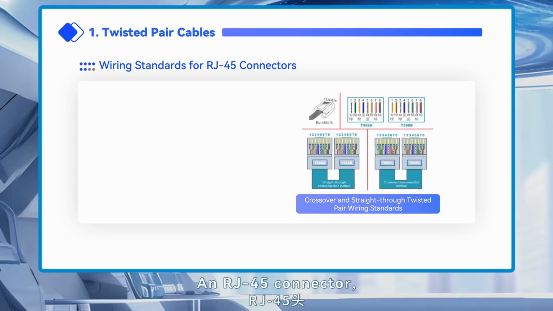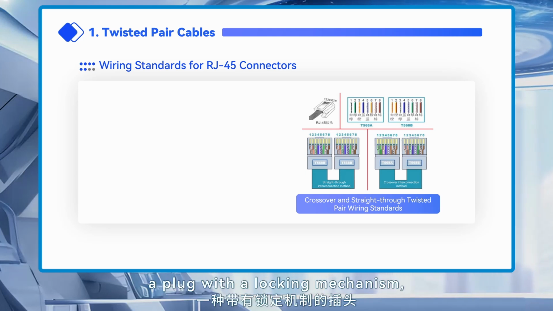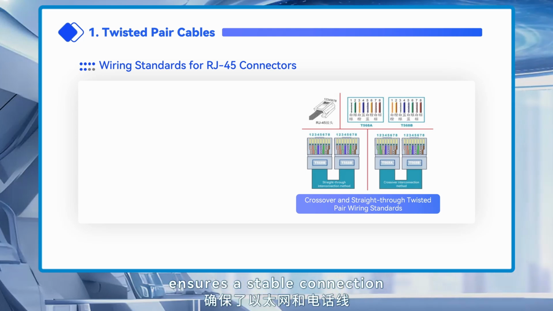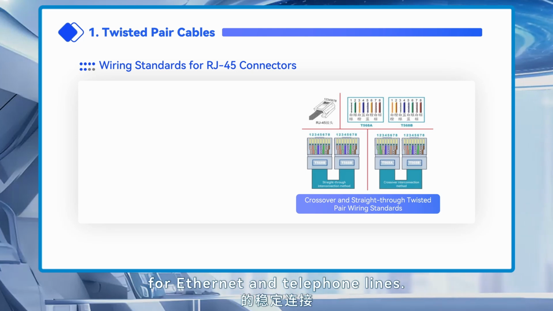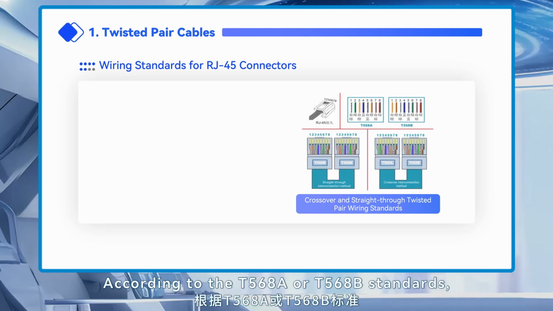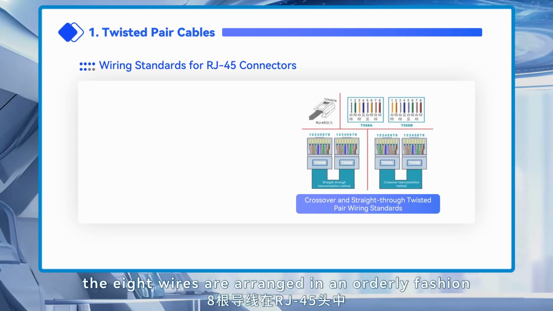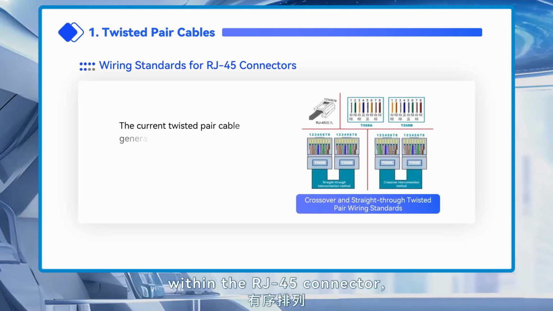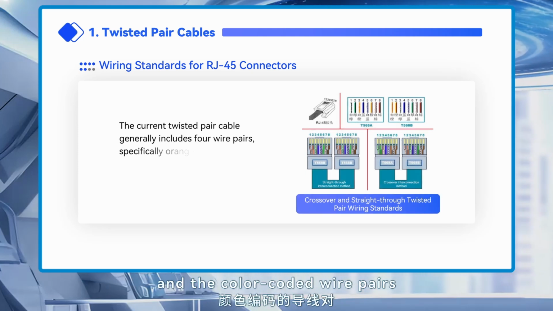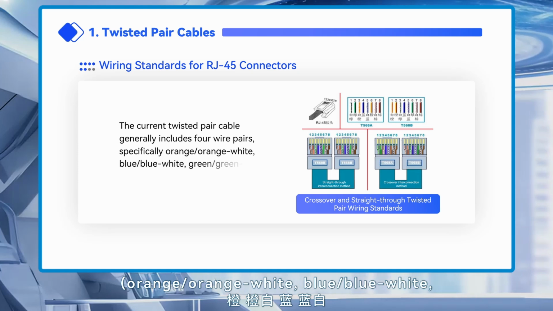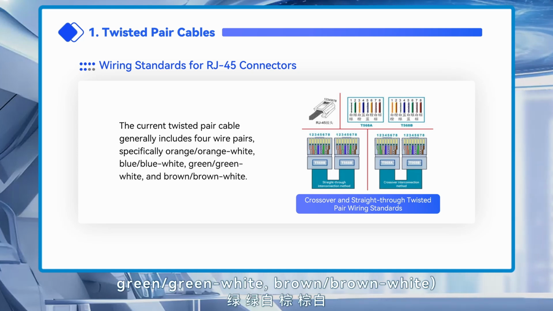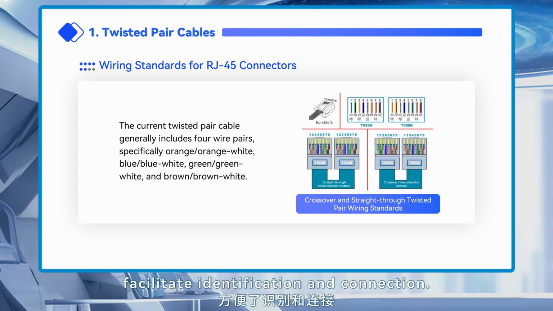An RJ45 connector, a plug with a locking mechanism, ensures a stable connection for Ethernet and telephone lines. According to the T568A or T568B standards, the 8 wires are arranged in an orderly fashion within the RJ45 connector, and the color-coded wire pairs, orange and orange-white, blue and blue-white, green and green-white, brown and brown-white, facilitate identification and connection.